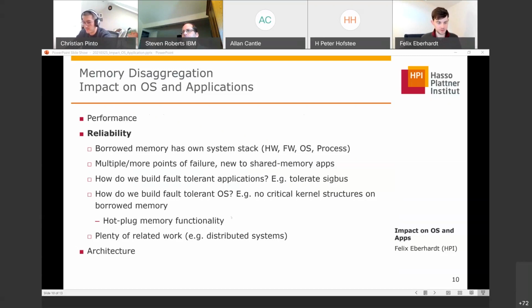However, also here we have, for example, the hot plug memory functionality where you can basically say, okay, there's a memory region, please flag it as movable memory, so that I can offline it if I want to. And so, operating system, please do not store any critical kernel structures on that memory region. Also, all the work on distributed systems could be helpful here to think about bringing some fault tolerance to shared memory applications.